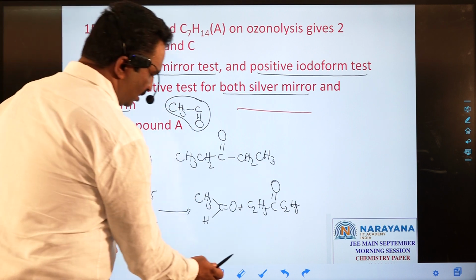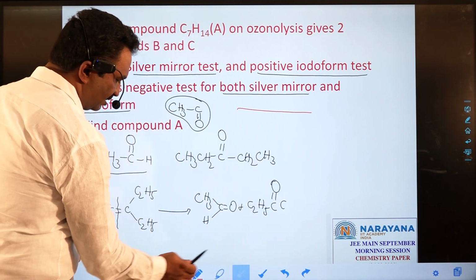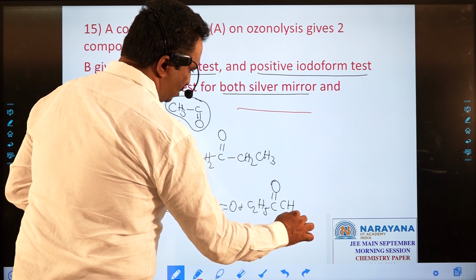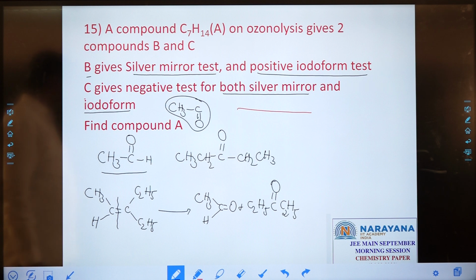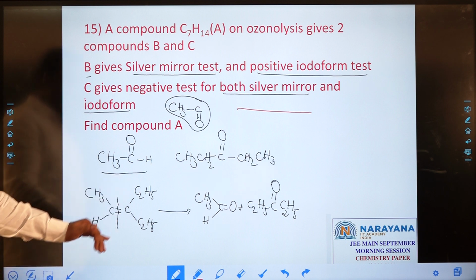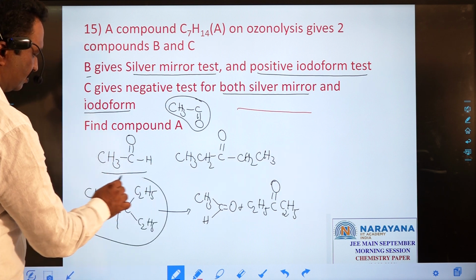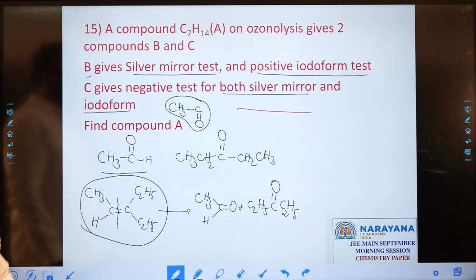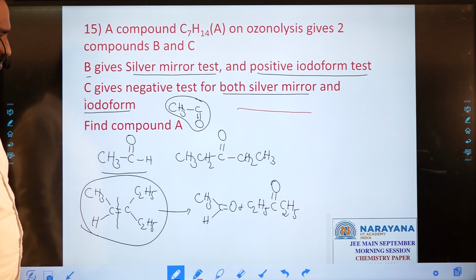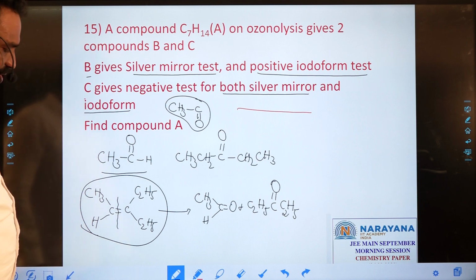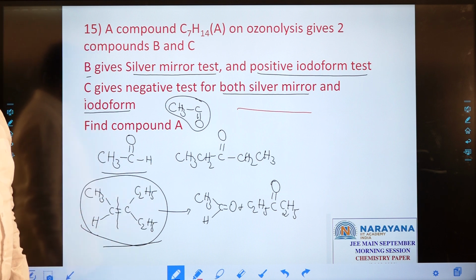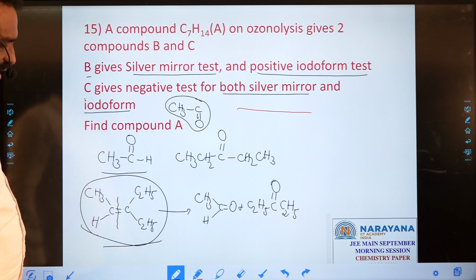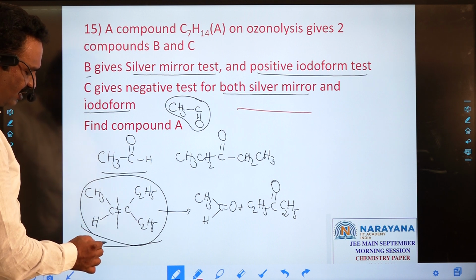This is the product obtained, means the possible structure for alkene. Here is the alkene. So they are asking what is the correct alkene. So options, what type of options given, that was not memorized by the students. So this is the possible product along with the other possible options given, but this is the correct answer.